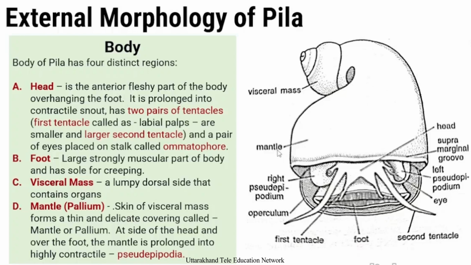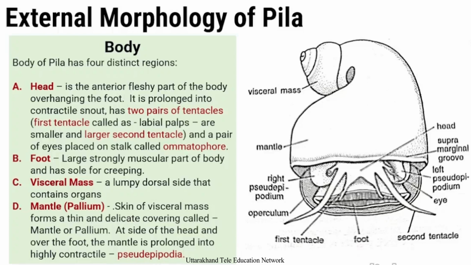Then mantle or pallium. Skin of the visceral mass forms a thin and delicate covering called mantle or pallium. At the side of the head and over the foot, the mantle is prolonged into highly contractile pseudopodia. This is called pseudopodia.